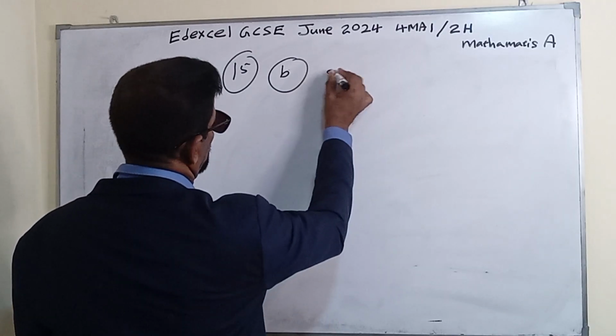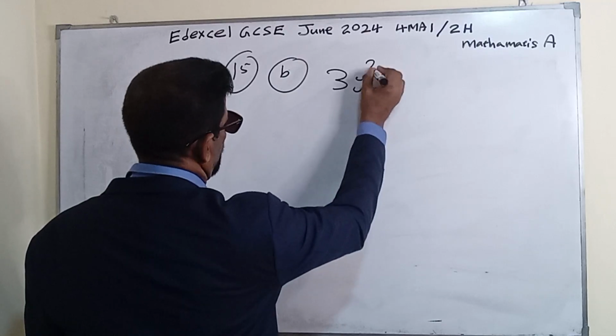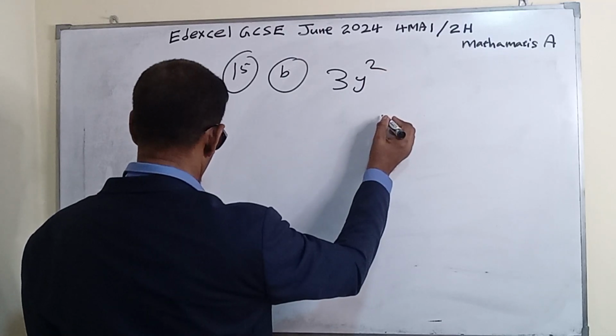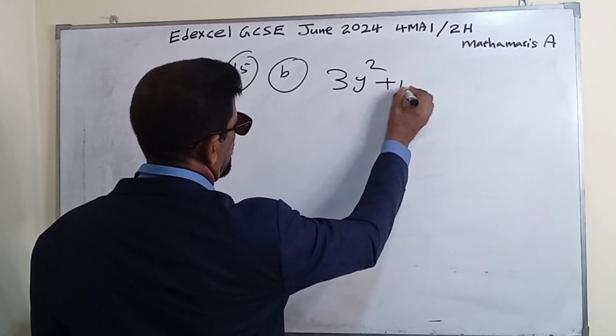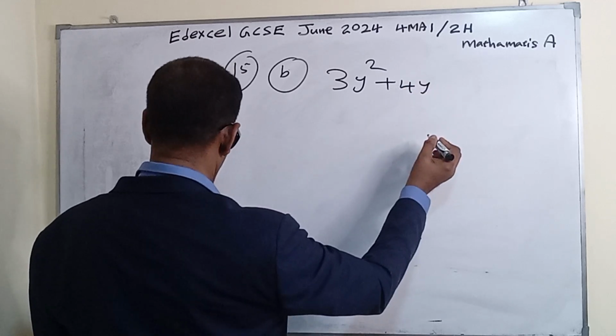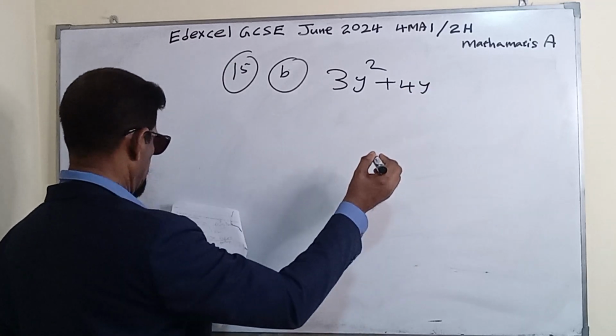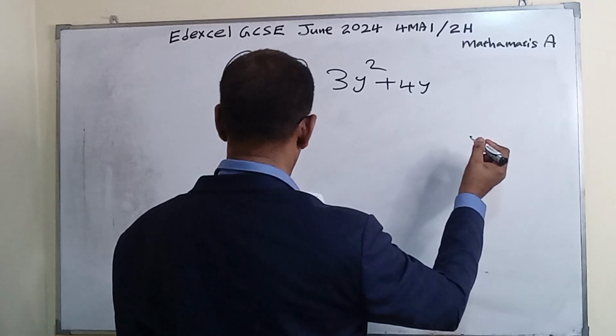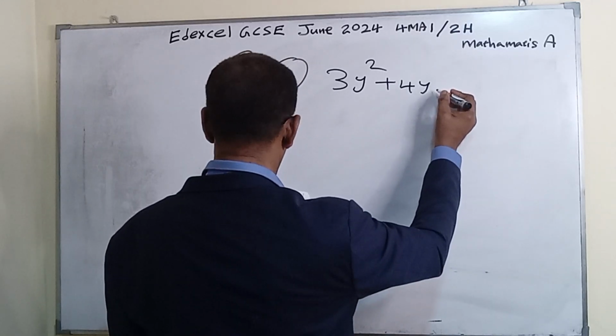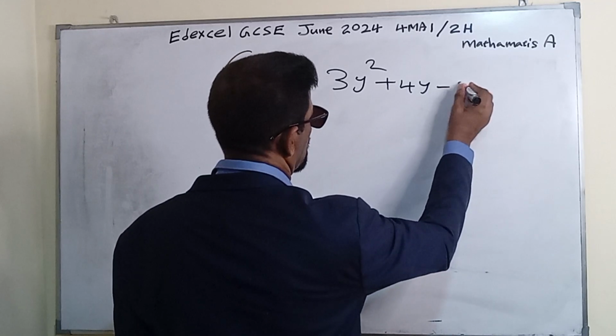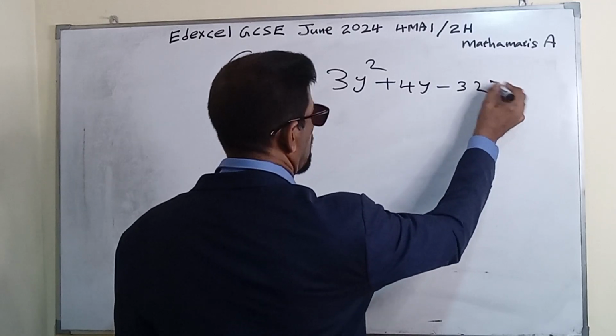3y squared plus 4y minus 32 greater than 0.